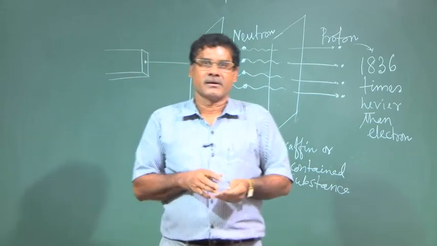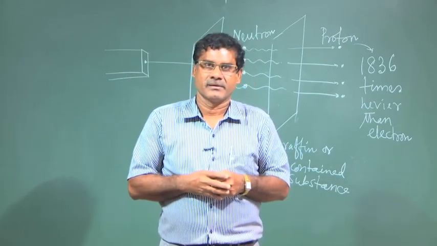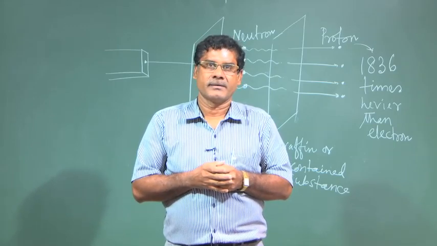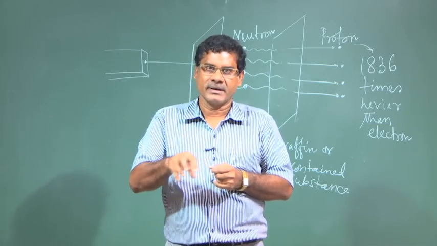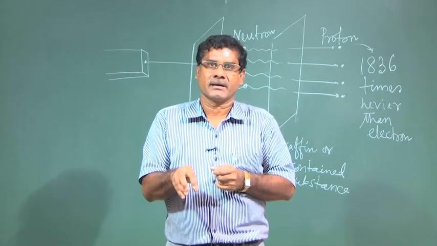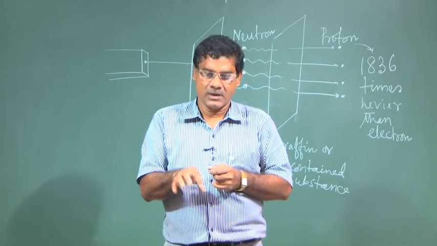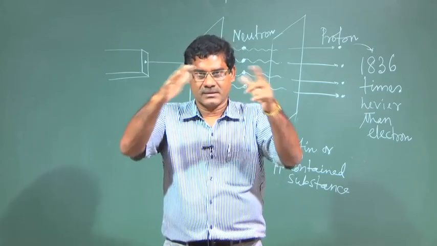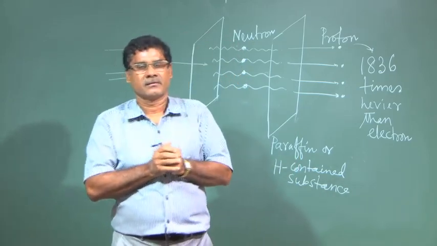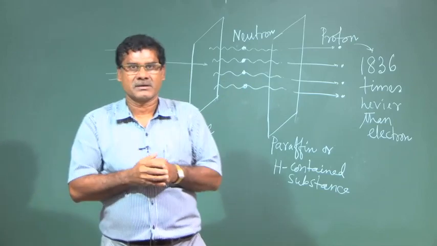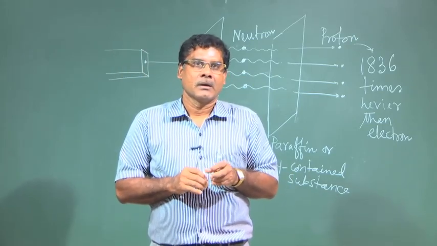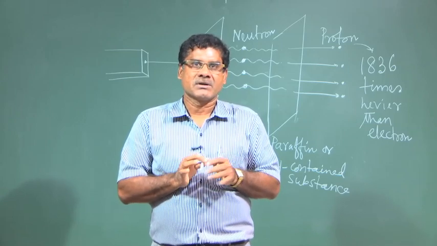They are heavier particles, and they are concentrated in a very small region in the atom, that is called the nucleus. So, we have the nucleus and this atom where electrons are there. Anyway, that was about the constituents of atoms.